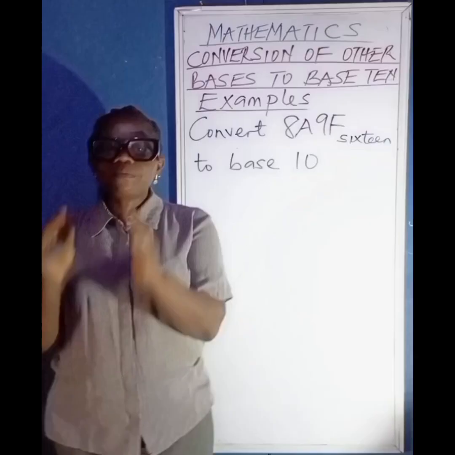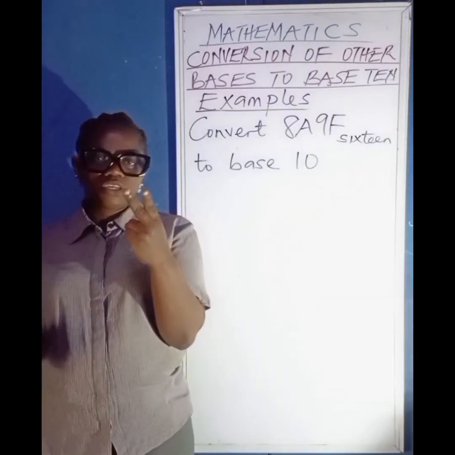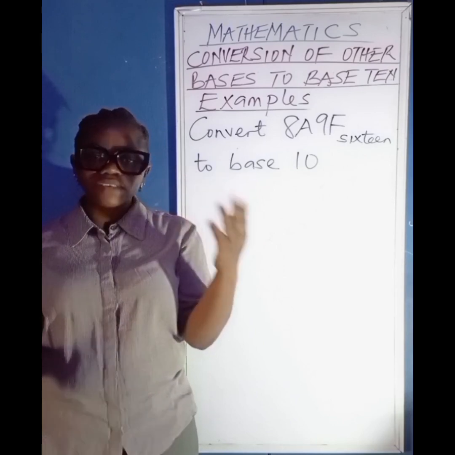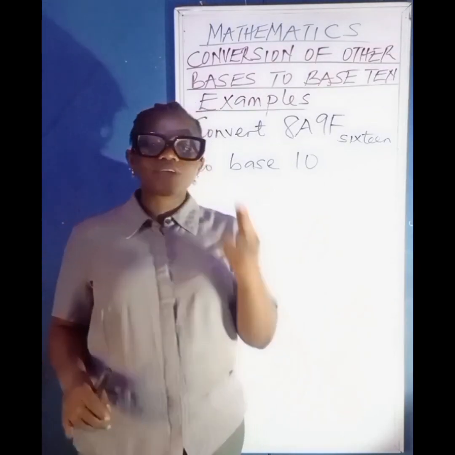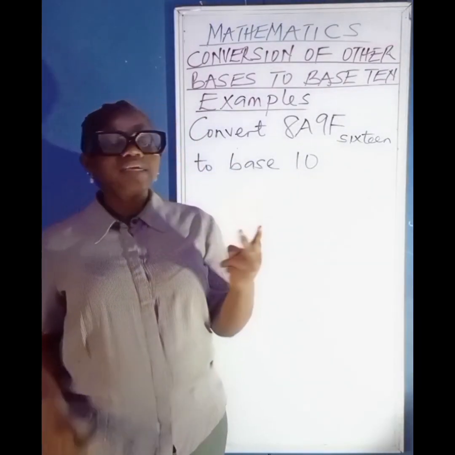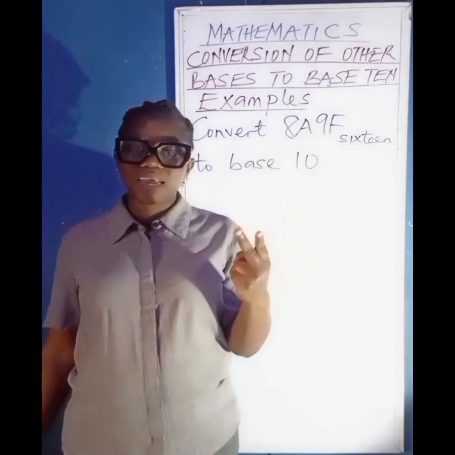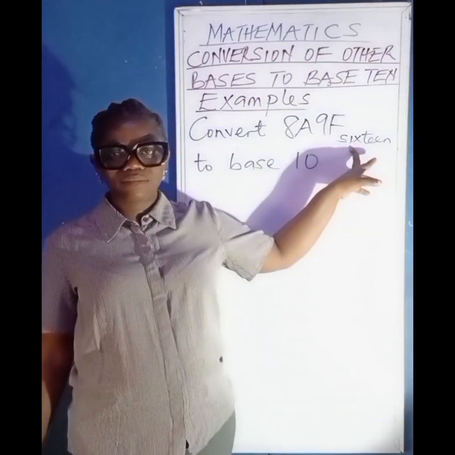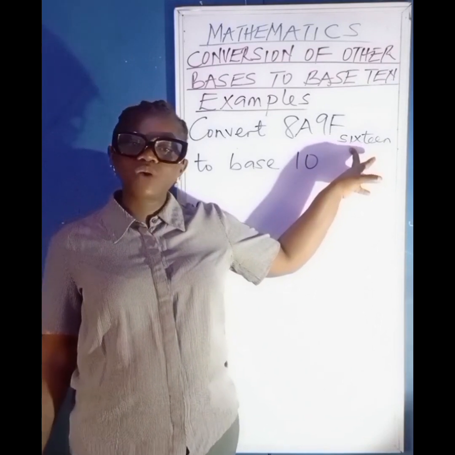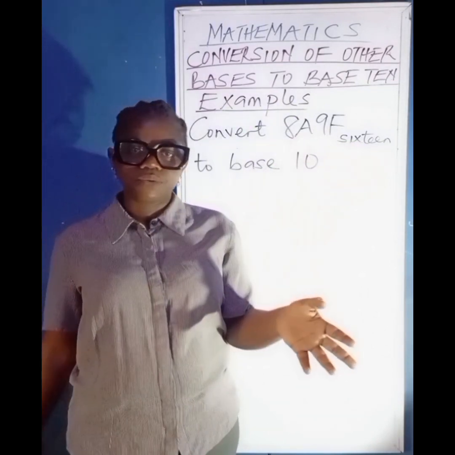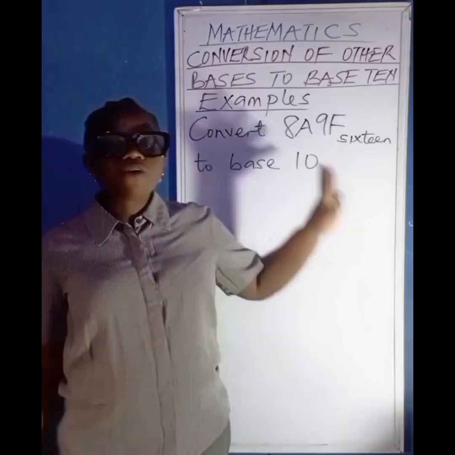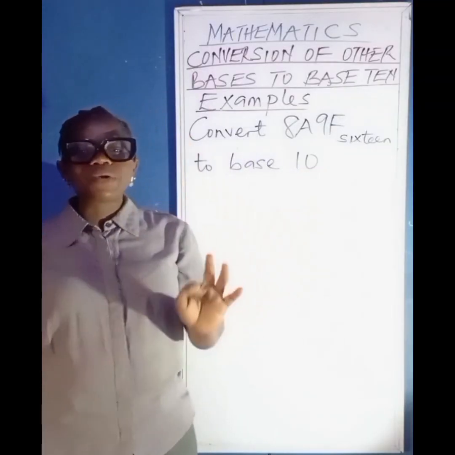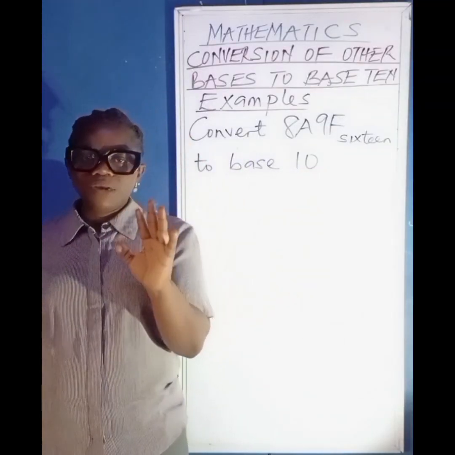But numbers like 10, 11, 12, 13, 14, 15 are 2 digits, and it would be confusing to write them as 2 digits in this base. You would be looking at 10 as 1, 0. That is why alphabets are employed to represent those numbers.